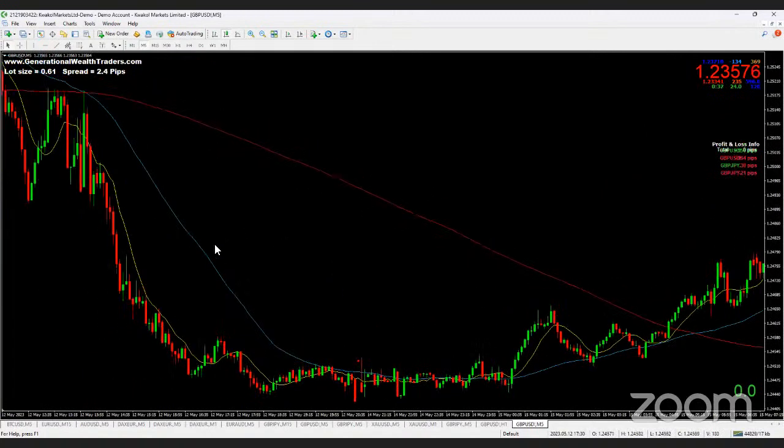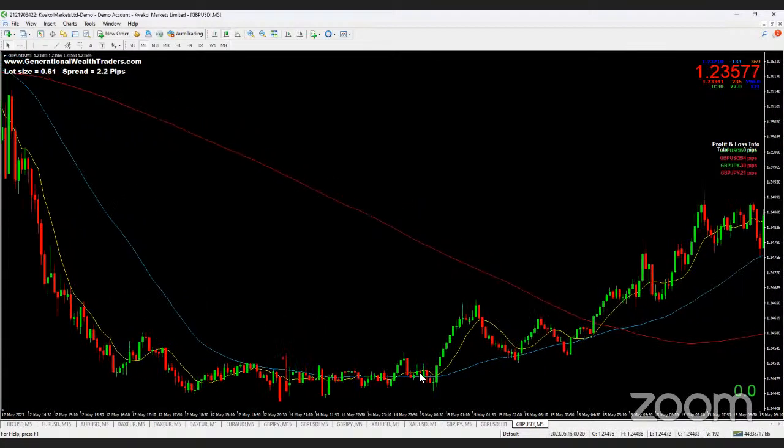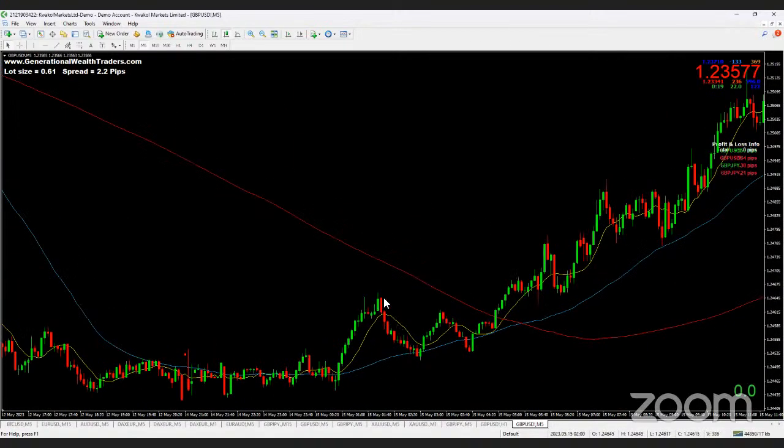Here, for instance, you have the blue on top of the yellow. But by the time they get here, the yellow has crossed on top, has gone on top. It was at the bottom here, all the way, still at the bottom, still at the bottom. But here it crossed over. So that is another hint. You don't want to be selling. Even though you see an M formation, you're not moved. Don't let the market fool you in this case.